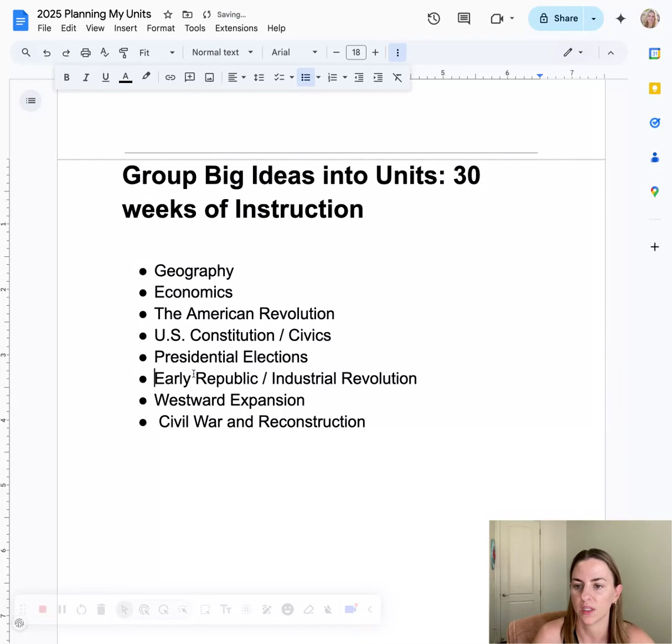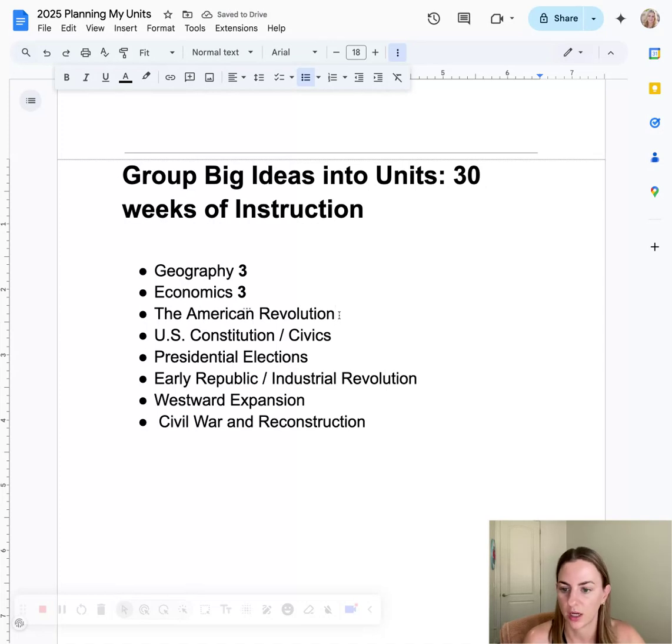Okay. Now, the next thing I'm going to do is look at what resources I have. For this example, of course, I'm using the Clever Teacher units since those are the units I created. So I know for geography, that's a 3-week unit. For econ, that's a 3-week unit.